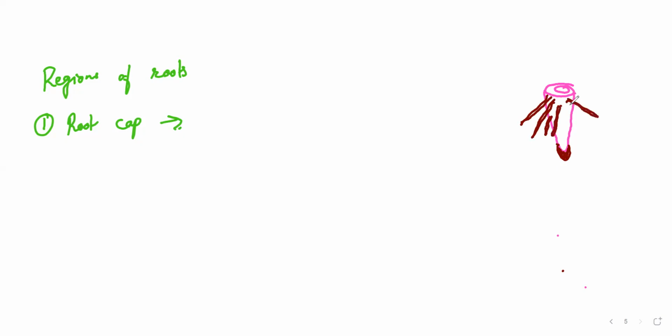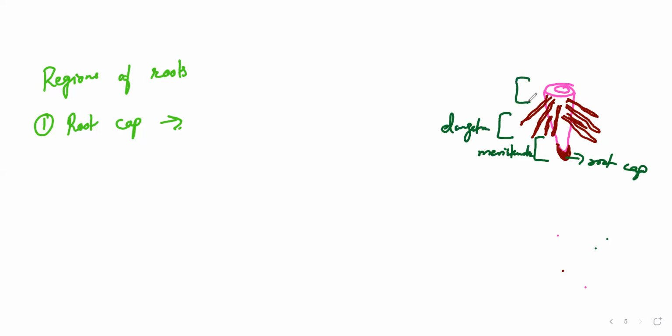Okay, so this is a basic diagram of an entire root, which comprises several parts, such as this will be the root cap. This will be the meristematic region. This middle part is the elongation region, and this upper part is the maturation region.